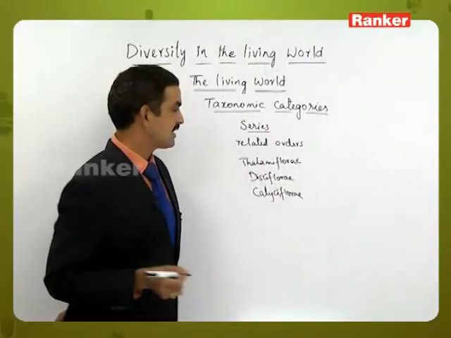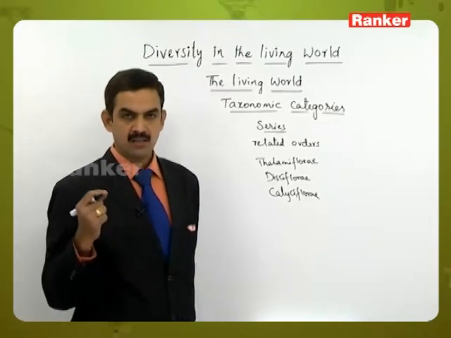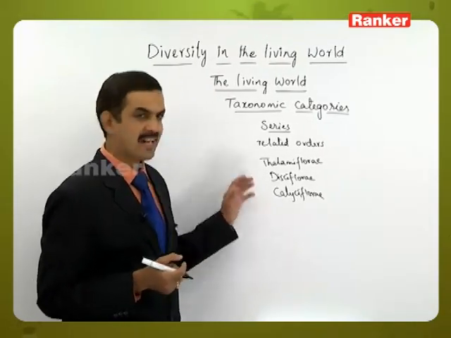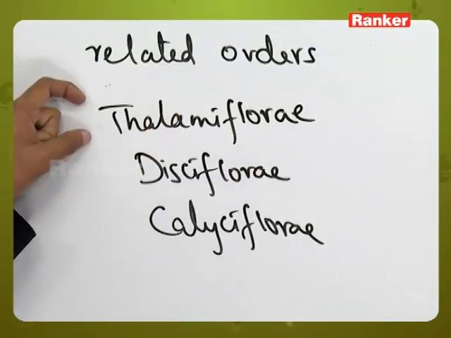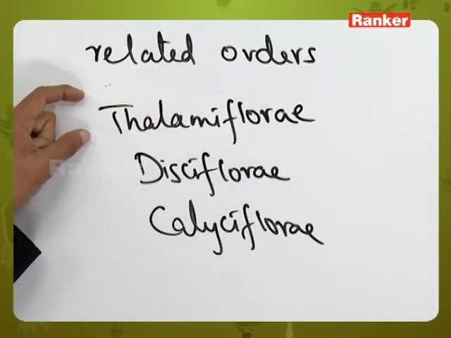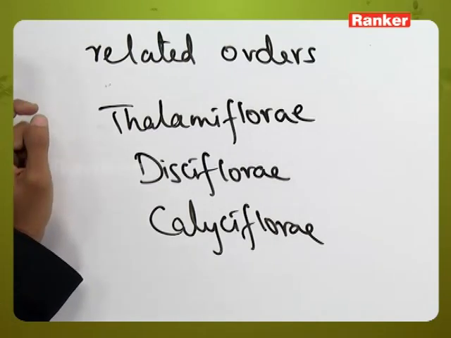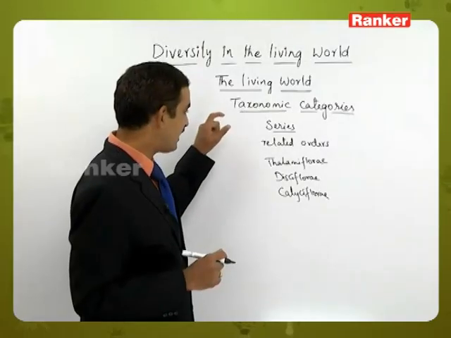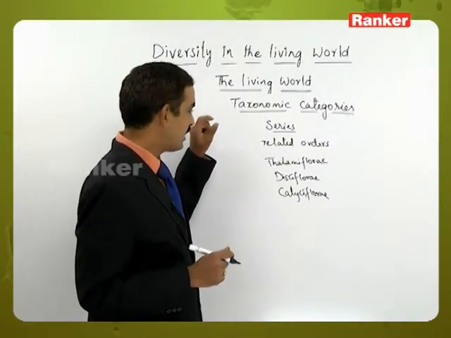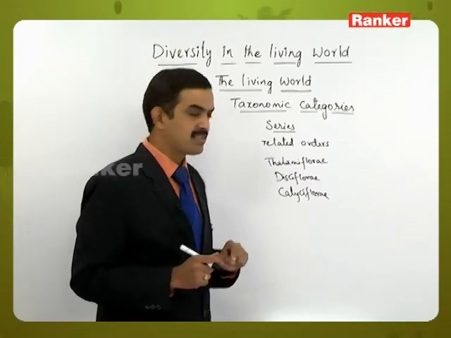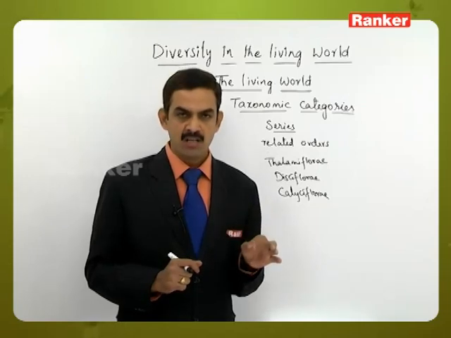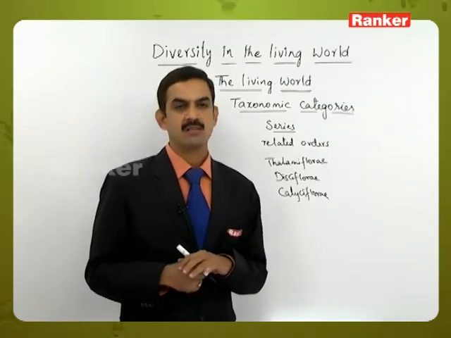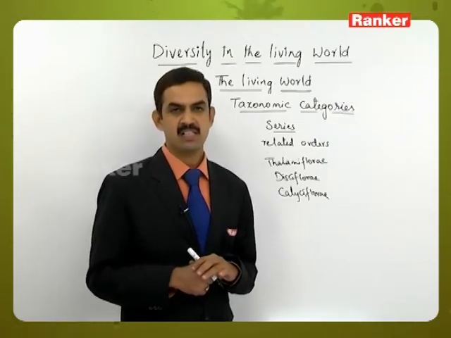Likewise, these are the series which are given names in the classification of plants. And here one series may contain various orders, and those orders will show at least a few similarities. And when we compare the similarities between the orders of the series and within the order, more similarities are present within the order when compared to the orders present in one series.